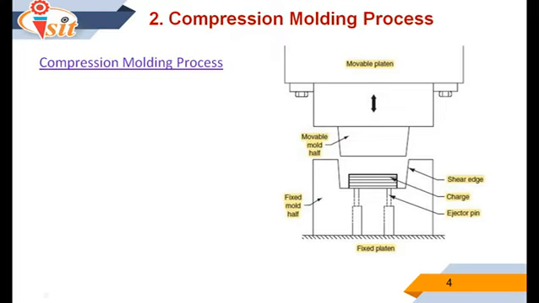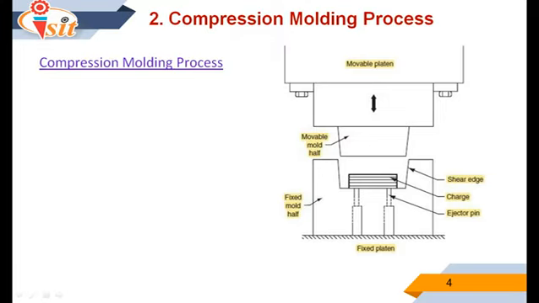We will see how compression molding is used for manufacturing different composite laminates for different applications. In this schematic you can see the different parts. Here is the movable pattern, and that portion has the mold of the shape of the composite. At the bottom we provide the half portion of the mold, which is fixed.